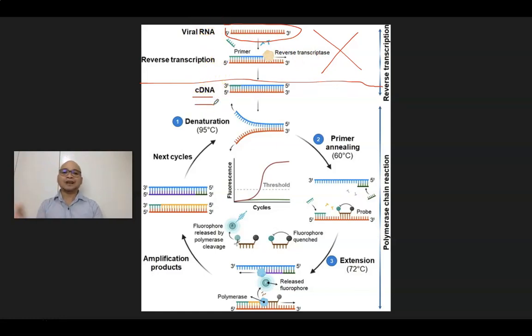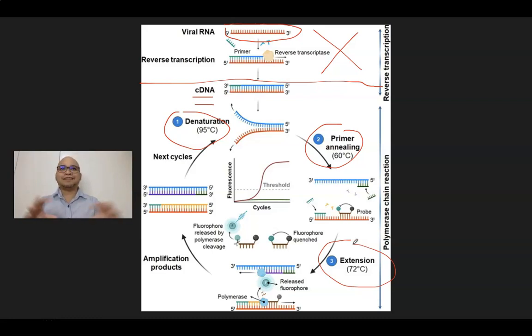Then after that, you now do the usual PCR, which includes denaturation at 95 degrees, primer annealing at 60 degrees, extension at 70 degrees. And since it is a qPCR, unlike in conventional PCR where you have to amplify it and then do electrophoresis in order to show the amplicon or the product, here it is being detected in real time.